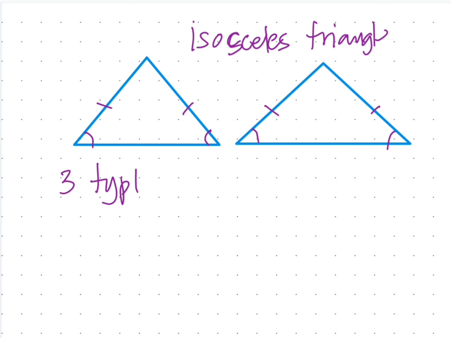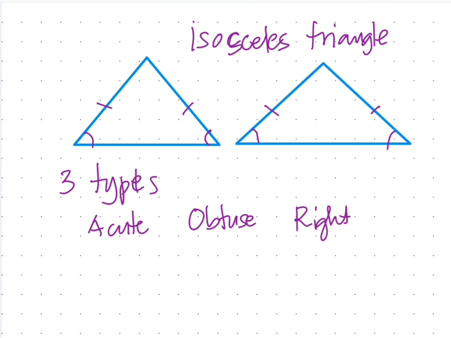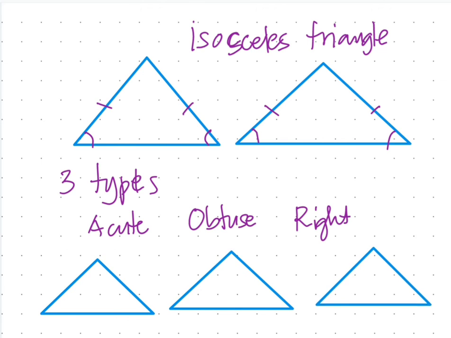We have the acute, obtuse, and right. Acute meaning the angle is less than 90 degrees. Obtuse, the angle included is greater than 90 degrees. And right, that is exactly 90 degrees.